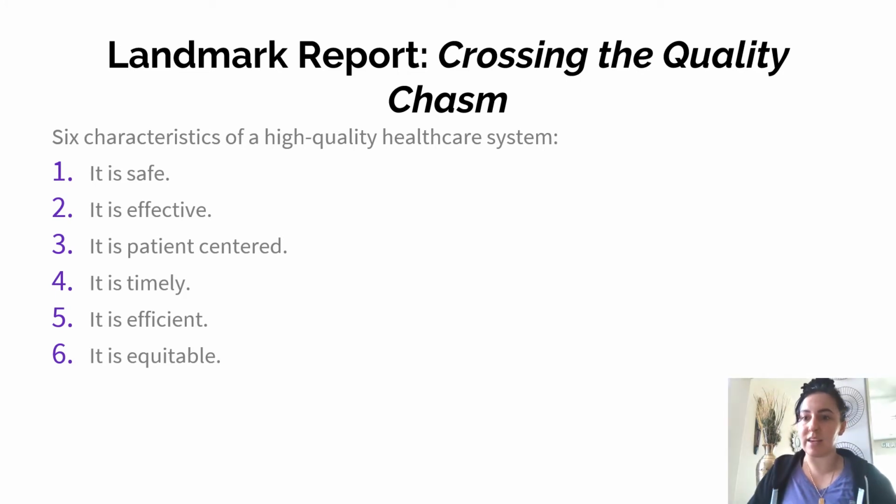Is it timely? Is it efficient? Timely usually goes into efficient. Efficiency is more about the time, the cost, and how likely you were to reach your desired outcomes. So is it efficient?